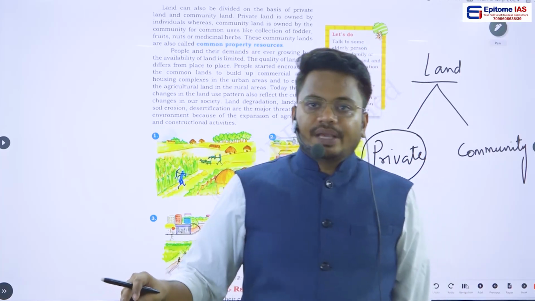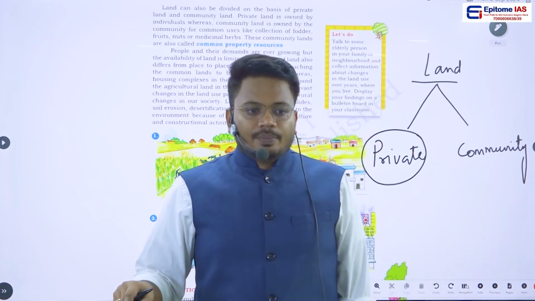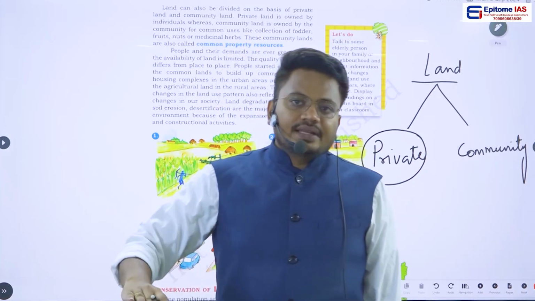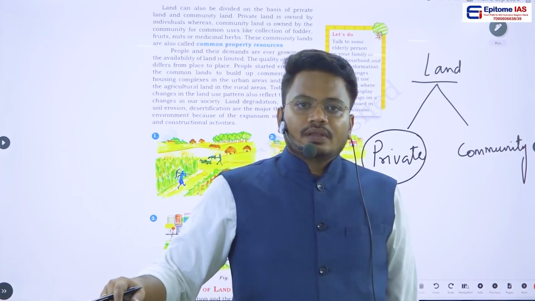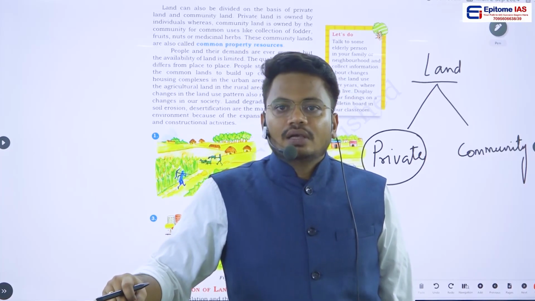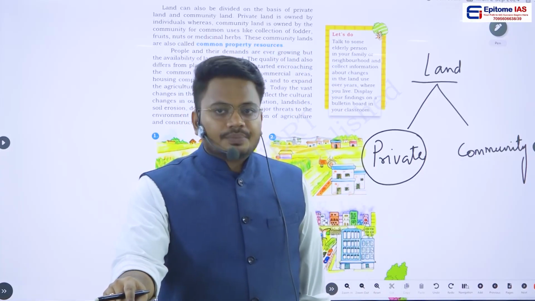What kind of rights will they have? They cannot sell that particular land to some other person claiming that they have rights. So these community lands can be used for gathering fruits, herbs, fodder, and other medicinal herbs.